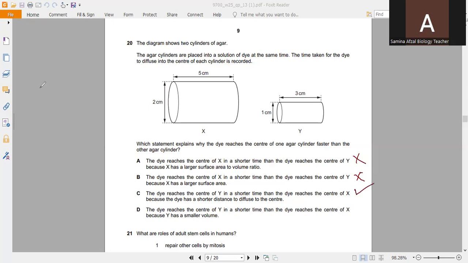So this is the correct statement. Now statement D: the dye reaches the center of Y in a shorter time than the dye reaches the center of X because Y has a smaller volume. Y does not have a smaller volume. The statement attributes the speed to smaller volume rather than the fundamental mechanism of a shorter diffusion pathway to the core. So D is also not a correct option. Only C is the correct option.